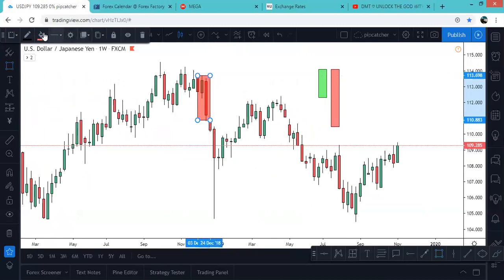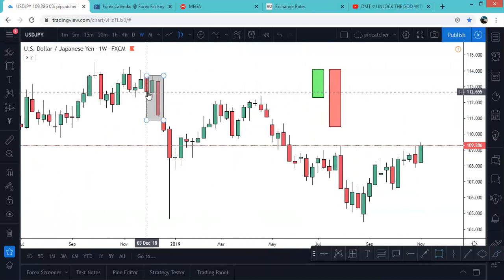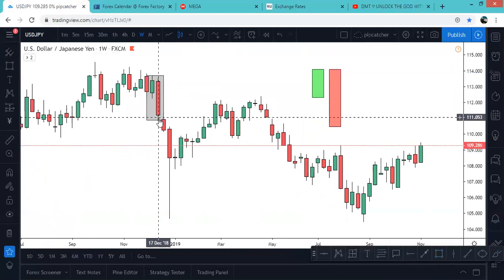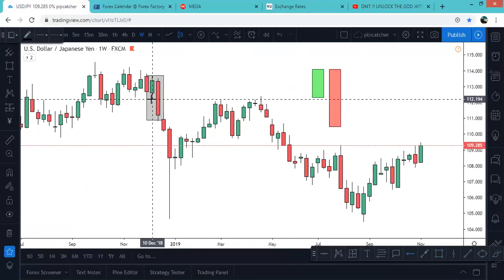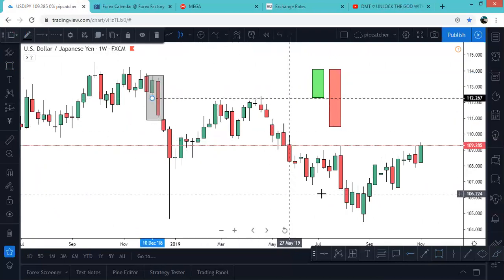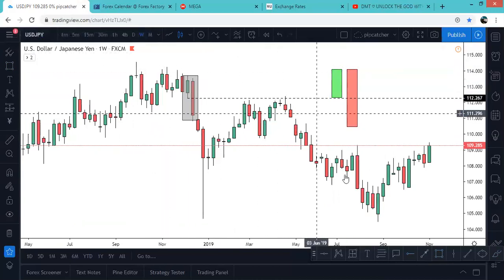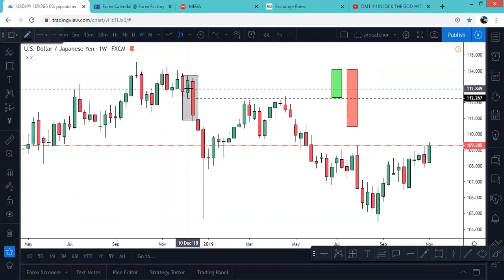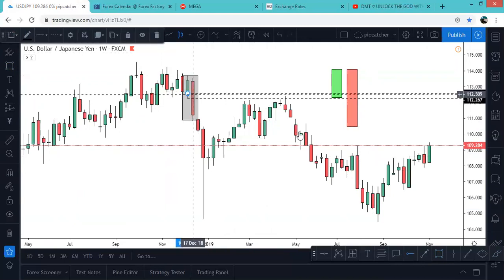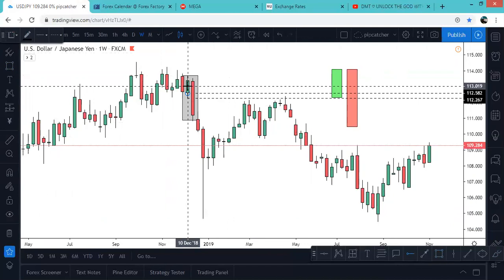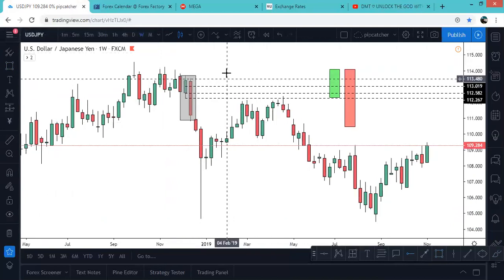Okay, so what happens? I'm looking at this area right here. You see this whole engulfed area right here. See how this last up candle got engulfed before? So my point of interest would either be at the wick in this case, but in other cases you'd have the open of the candle and 50%, right?